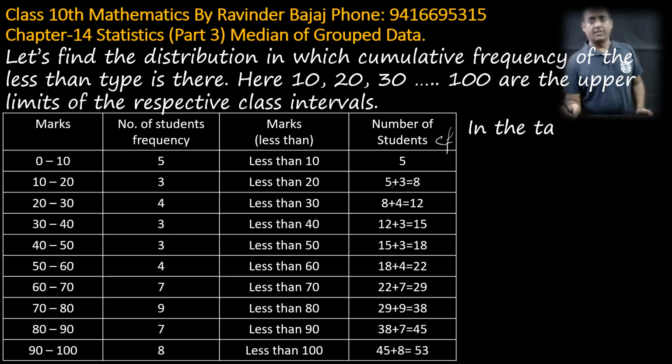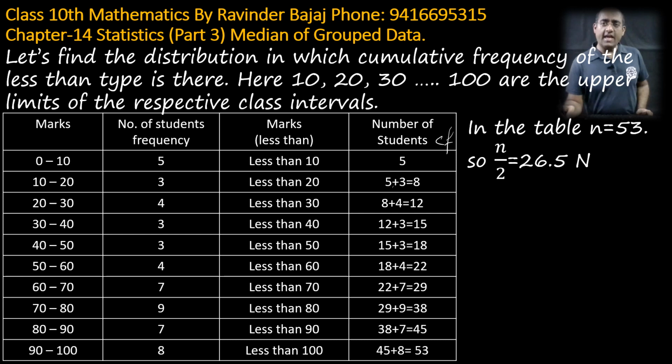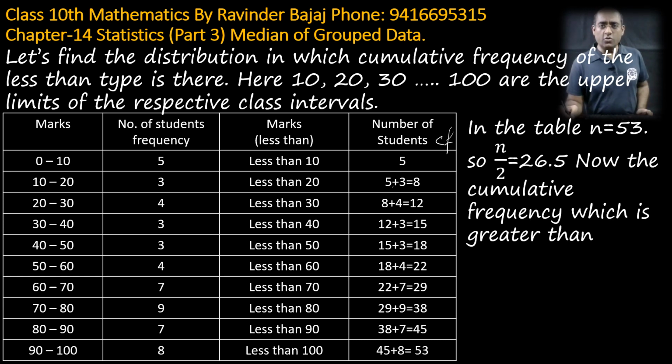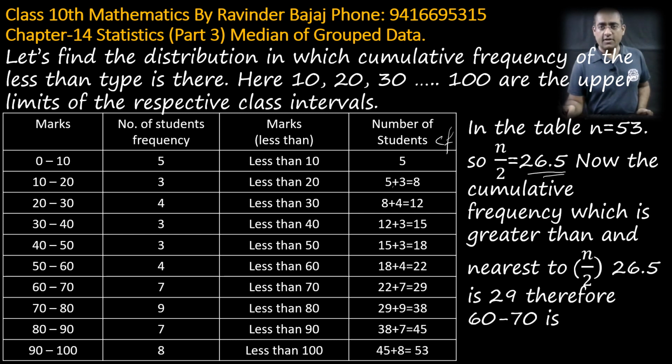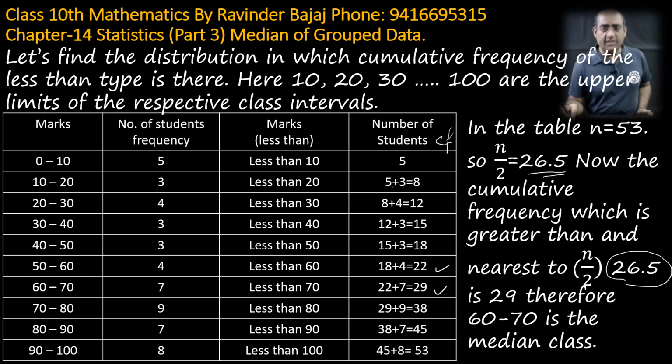Now see, in the table, n is 53, meaning the number of observations is 53. So n by 2 is equal to 26.5. Now the cumulative frequency which is greater than and nearest to n by 2, that is 26.5, is 29. See from here, 18, 22, after 22, 29.